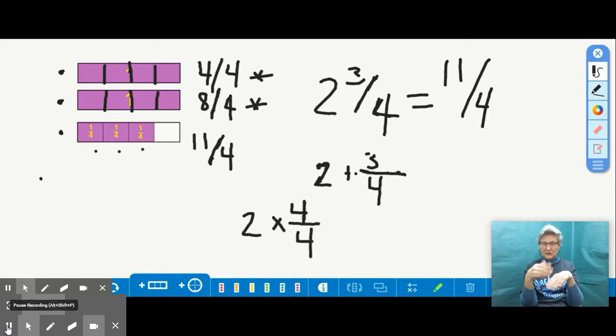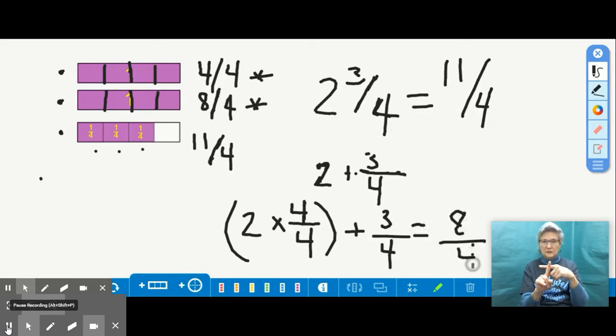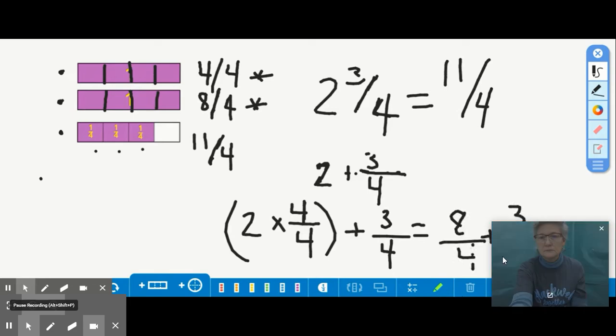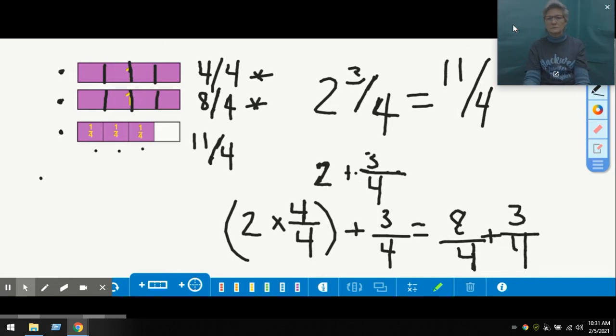We multiplied that twice because we had 2 wholes, plus our remaining 3/4 in the last fraction bar. So that means when we solved inside the parentheses, we knew that that was 8 fourths plus our 3/4 equals our final product of 11 fourths, written as a fraction greater than 1.